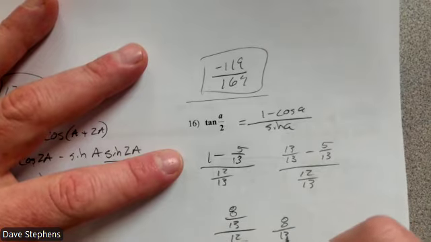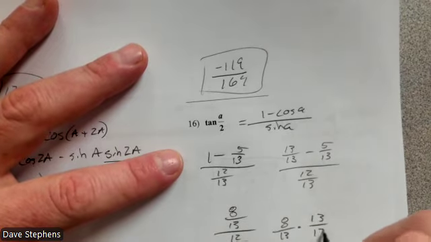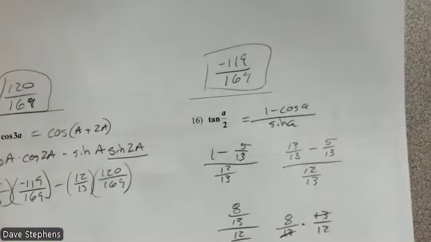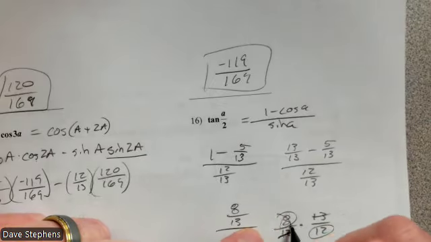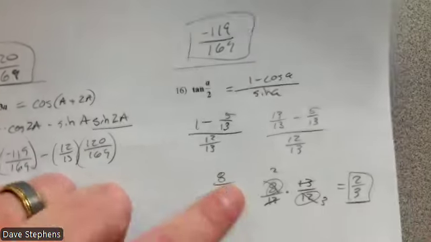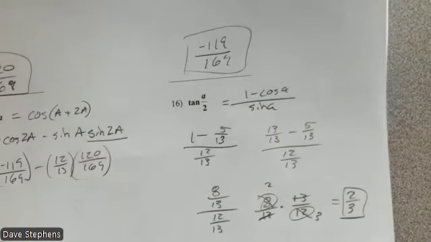So 8 over 13 times 13 over 12. The 13's cancel, and 8 and 12 both reduce by 4. So that gives me 2/3. My final answer there. Pretty good.